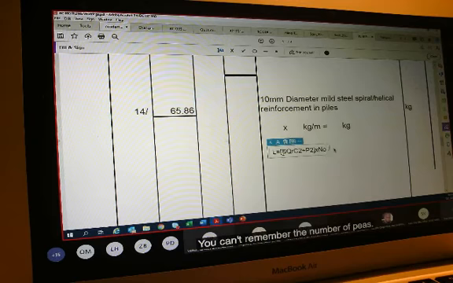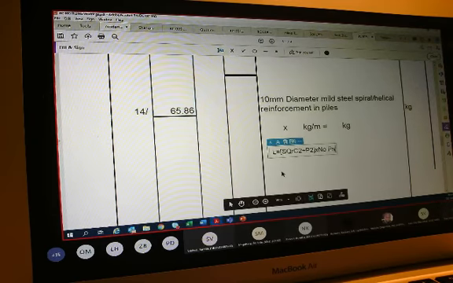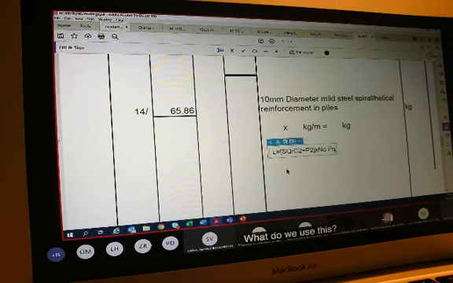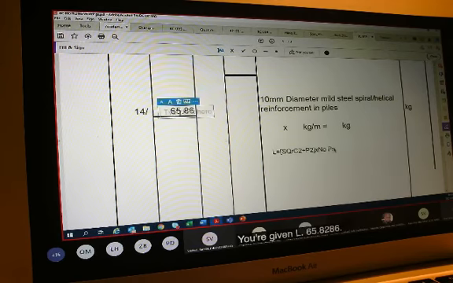I need e squared plus p squared, and all of that is multiplied by the number of p's. Do you remember that? I can't remember. The number of p's.